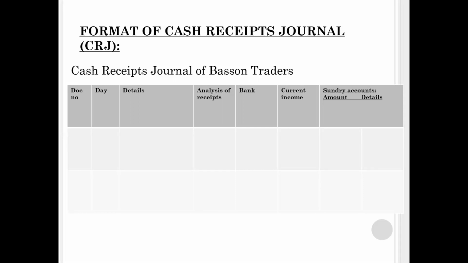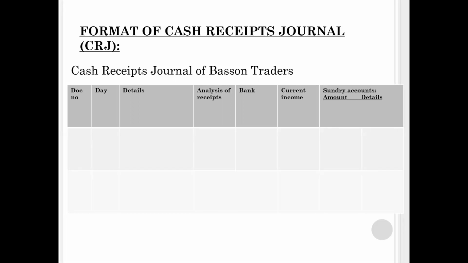If you have more than one transaction for that day, then at the end of the day, you're going to take the total to bank. And then current income is the next column. Remember, I told you yesterday, every time you write services rendered in details, then the amount will be with the current income. And then you have your sundry accounts where you're going to write in the amount and the details. And sundry accounts is everything else.